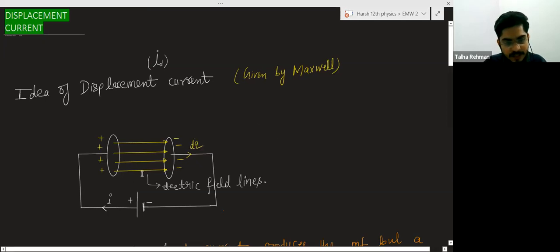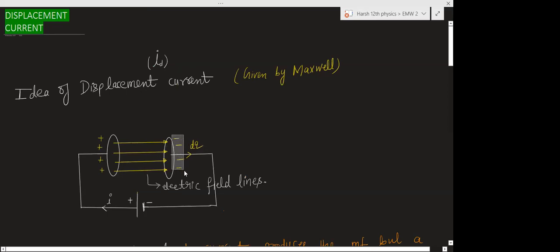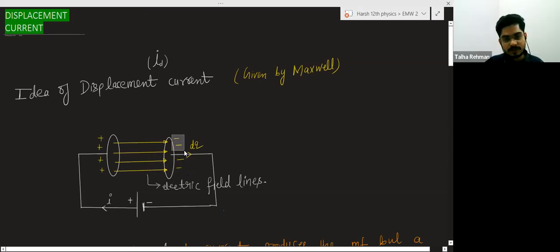So basically what is happening, the capacitor is charging.